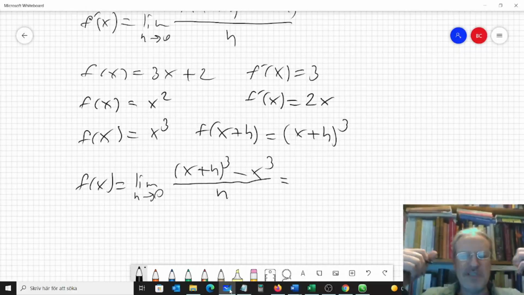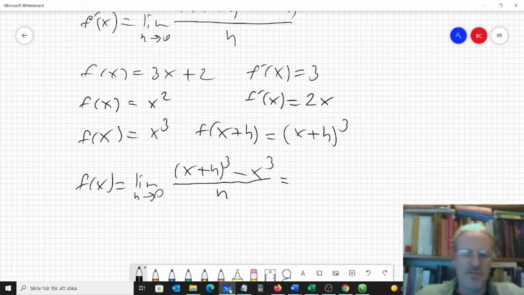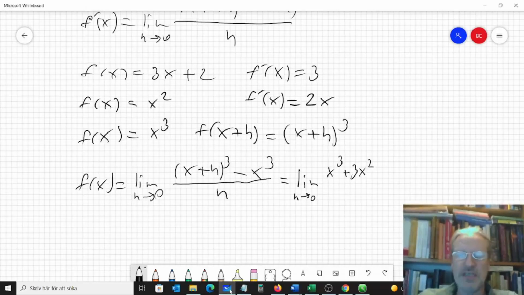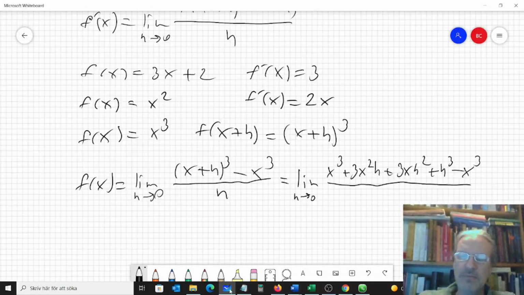And we can already see a pattern here that if we try to plug in 0 to this, we will get 0 over 0. So we need to simplify this. And if there's some polynomial going on here, we try to expand that first and see what happens. So the limit as h goes to 0 of, and we expand this, that will be x to the power of 3 plus 3x squared h plus 3xh squared plus h cubed minus x to the power of 3 over h.